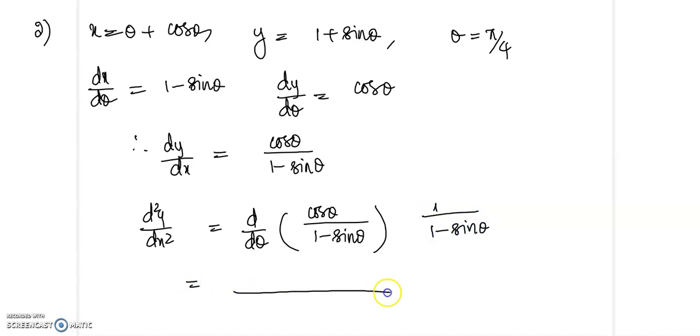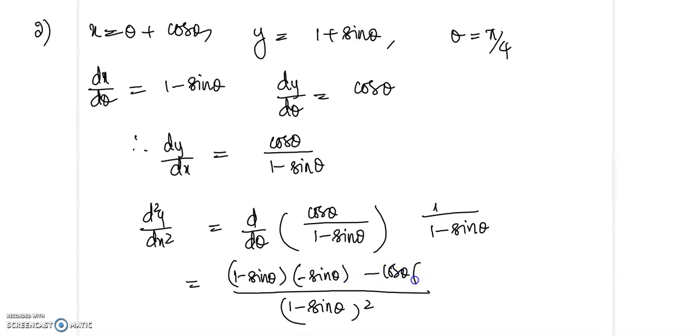So upon using the quotient rule, you will get 1 minus sin theta whole square, 1 minus sin theta into cos theta derivative minus sin theta minus cos theta into minus cos theta, times 1 by 1 minus sin theta.